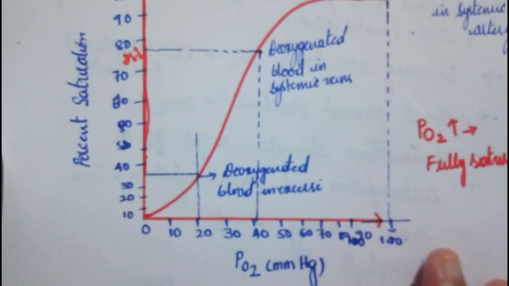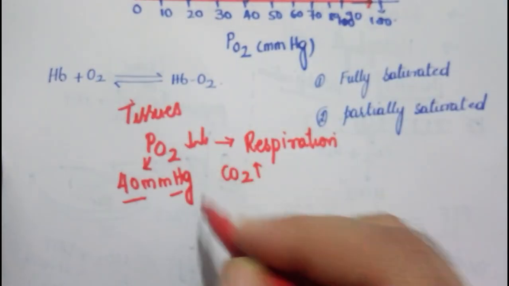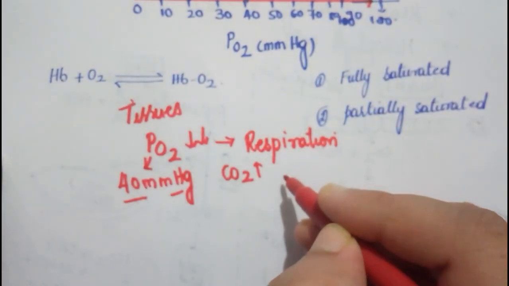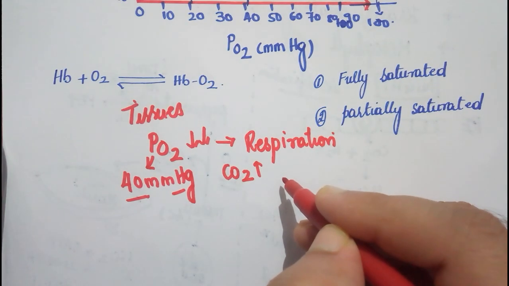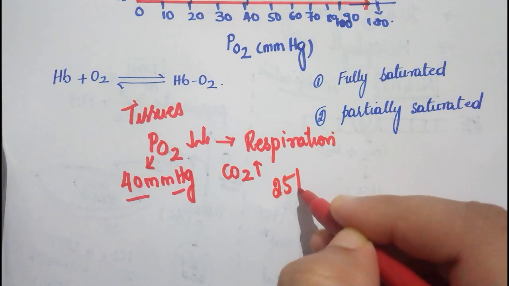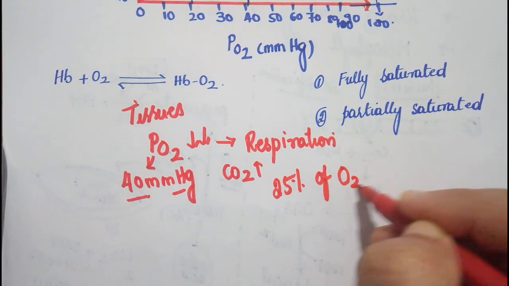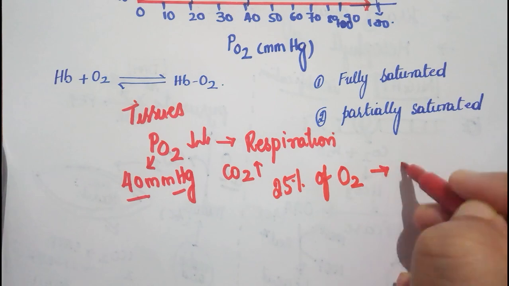So remember one important point: out of the four oxygen molecules that are bound by the hemoglobin, only one oxygen molecule, that is only 25% of the total number of oxygen molecules, is given to the tissues.